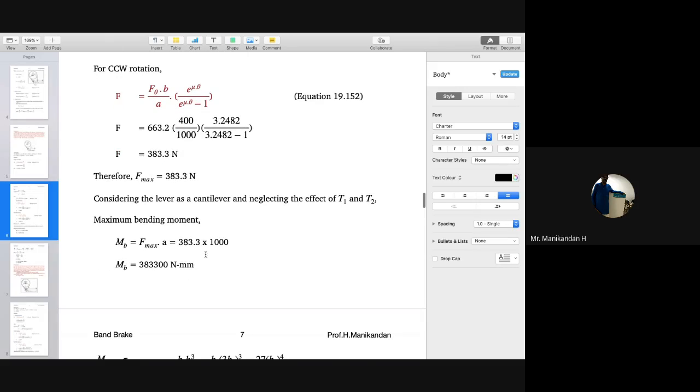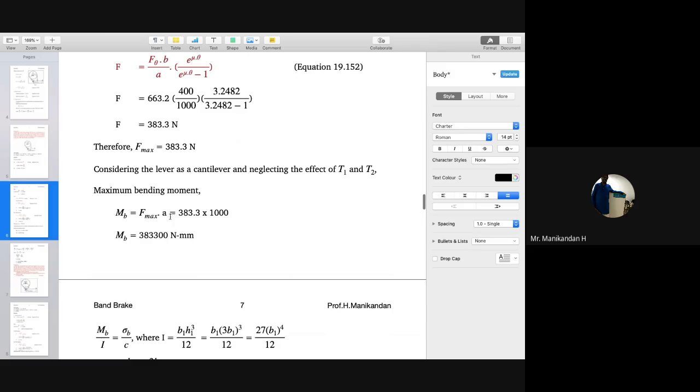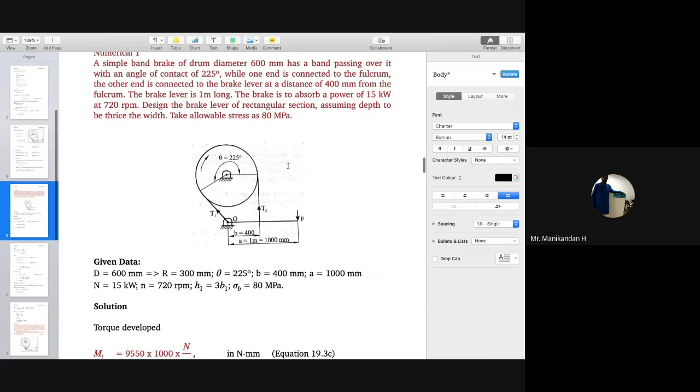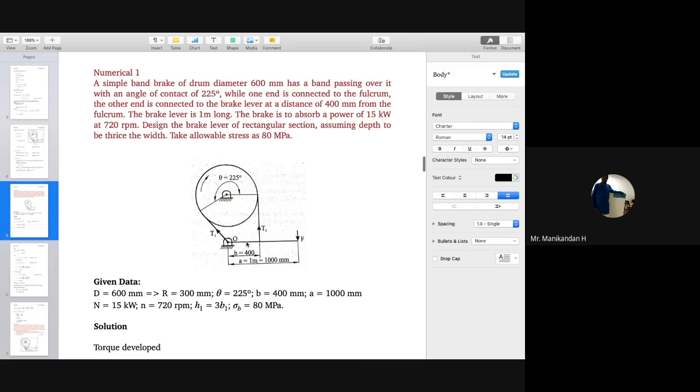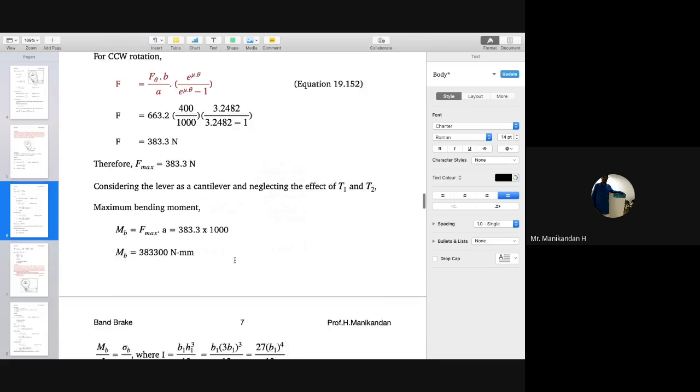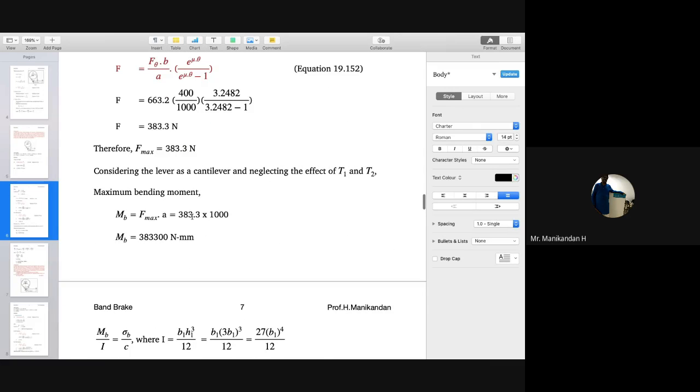Now we have to design the lever to get its dimensions. Considering the lever as a cantilever and neglecting the effect of T1, T2, the maximum bending moment is F max into A, which I got as 383.3 thousand.